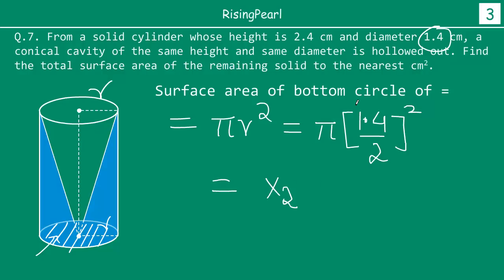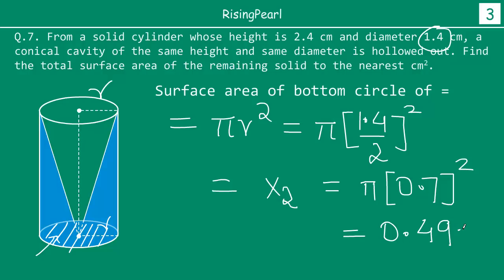As you can see, quite simply, r is going to be 0.7, so it will be pi times 0.7 square, or 7 sevens are 49. It will be 0.49 pi, right? So this will be x2.